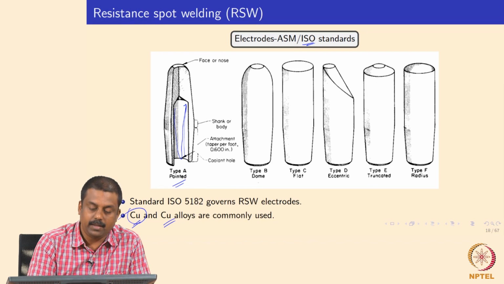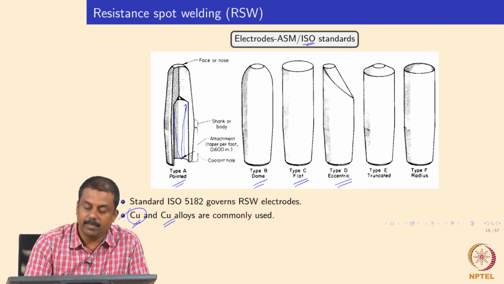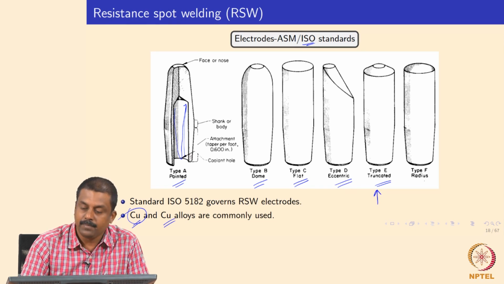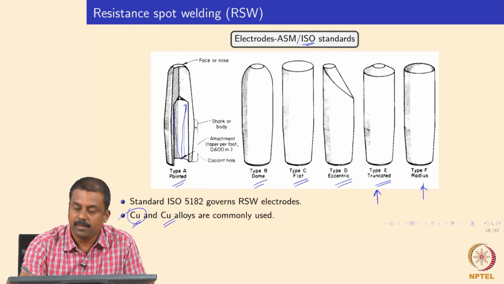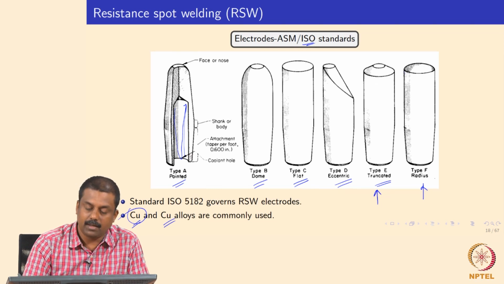Type A is pointed, type B is dome type, and you may also use flat electrodes or eccentric electrodes, and type D or truncated electrodes, which is most commonly used in automotive applications. Or we can also use some sort of radius electrode, where you have a pointed edge as well as a concave geometry.